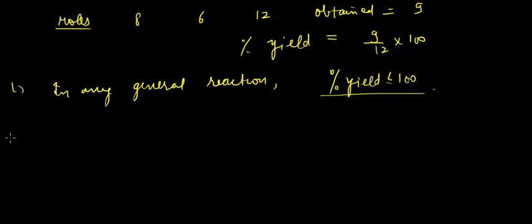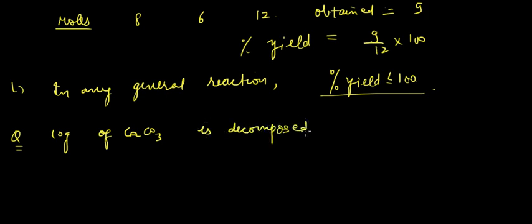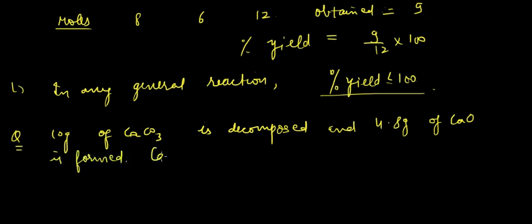Okay, so suppose we have 10 grams of CaCO3 which is decomposed and only 4.8 grams of CaO is formed. Okay, so we have to calculate the percentage yield of the reaction.